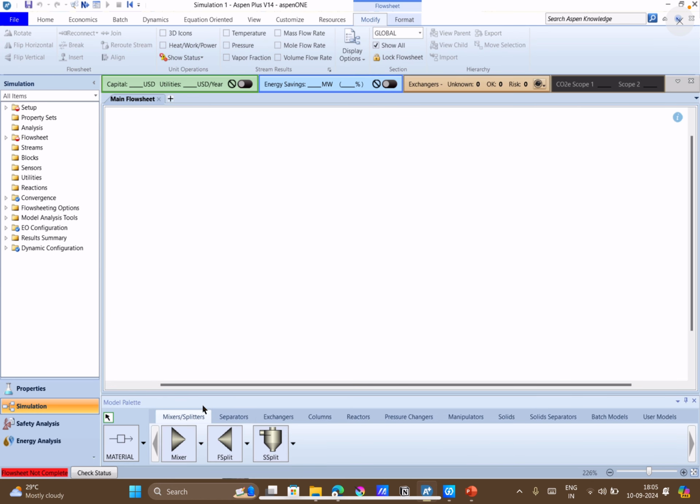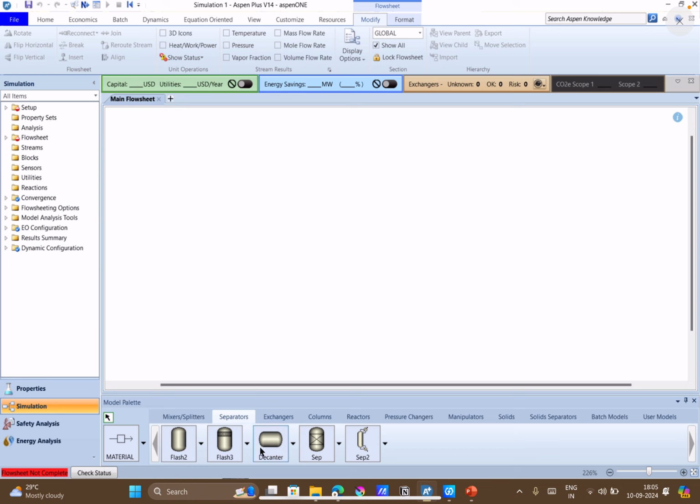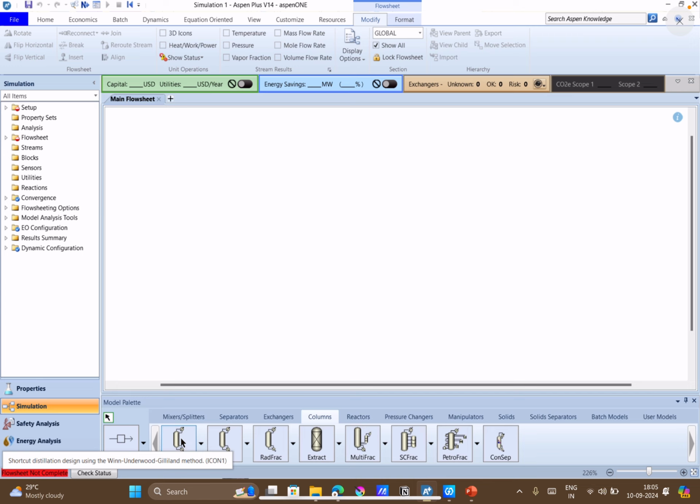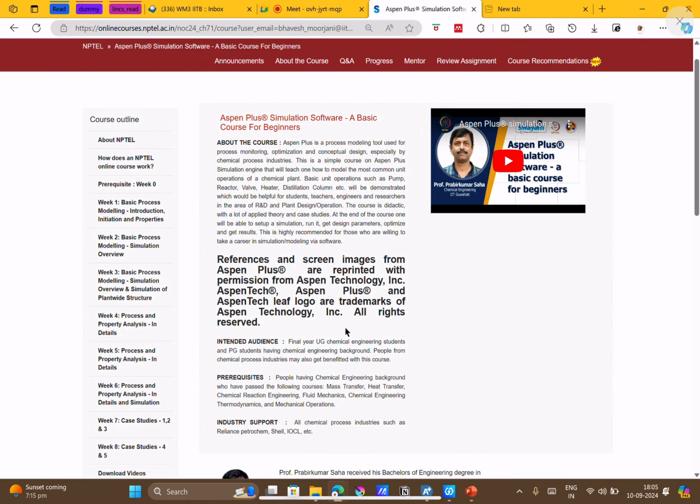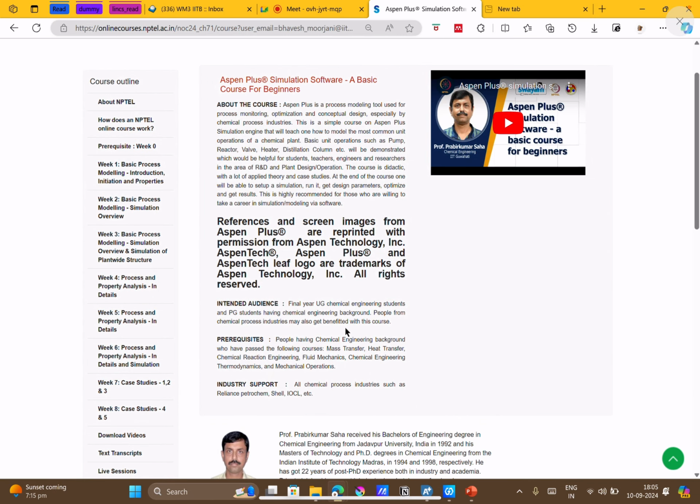We have seen mixers, splitters, separators, basic heat exchangers, going into the detailed design of the heat exchanger. Similarly for the columns, like how to do simple FUG method calculation to a detailed column internal calculation. Same way we saw different types of reactors, pressure changes. So overall the idea till week 6 was to get familiar with all the various models that are available, how to do various property analysis, and how to utilize Aspen Plus for these small aspects.